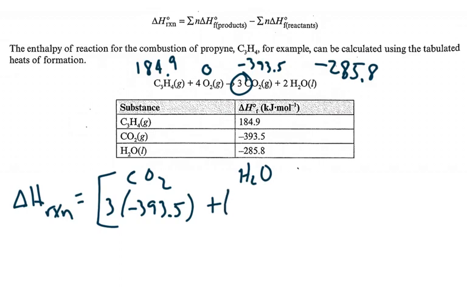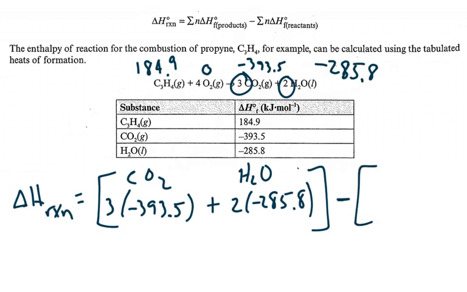Notice there are 2 waters, so you have to multiply negative 285.8 by 2. That's the sum of the products minus the sum of the reactants. Now, there's only 1 mole of propane, so it's just negative 184.9 plus. There are technically 4 oxygens, but you'll notice that 0 is the value. Therefore, that's not even going to matter.